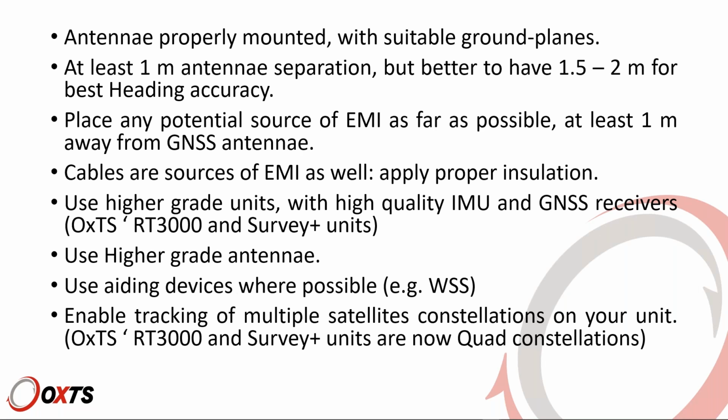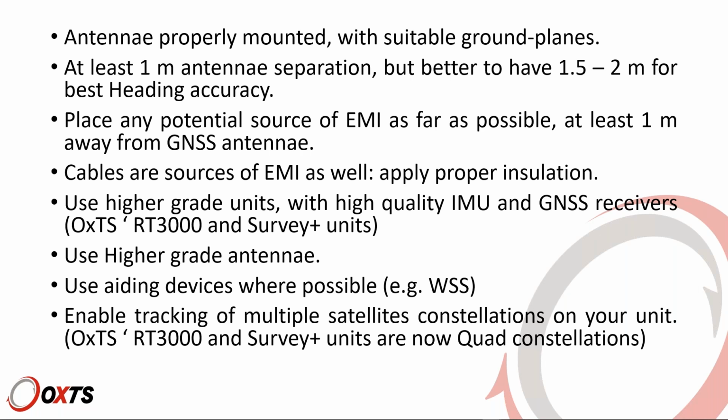Also, you need to pay attention to the sources of EMI, because the GNSS signal is very faint in nature, so it can be disturbed a lot by other sources of EM signals. Any device that you have on the vehicle, a LiDAR, cameras, radars, all sorts of things can potentially be a source of EMI.